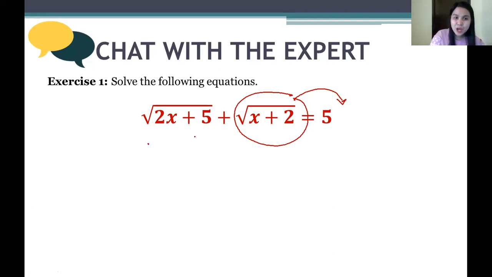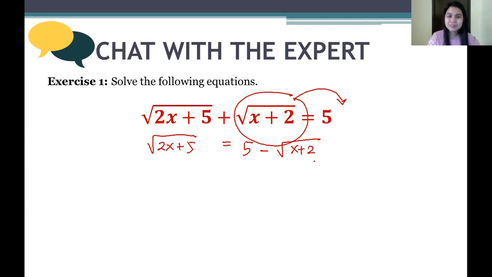Square root of 2x plus 5. The other side is 5 minus square root of x plus 2. Now, the index is 2, so we need to raise both sides to the power of 2. But remember, the right side will be raised as 1, not 5 squared in the last.